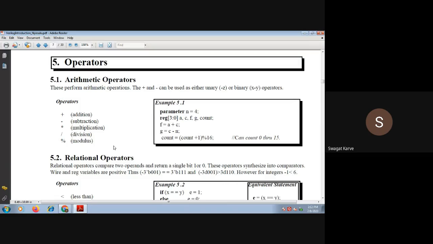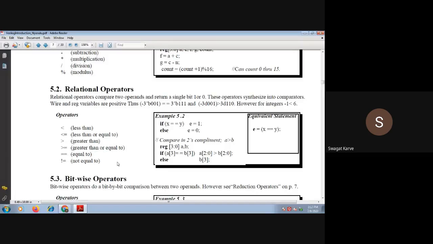Okay. Now next, relational operators. What are the relational operators that you can use? Less than, less than or equal to. Now in this case, this symbol means less than or equal to, but in VHDL it means the direction of passing the value, that means assignment.